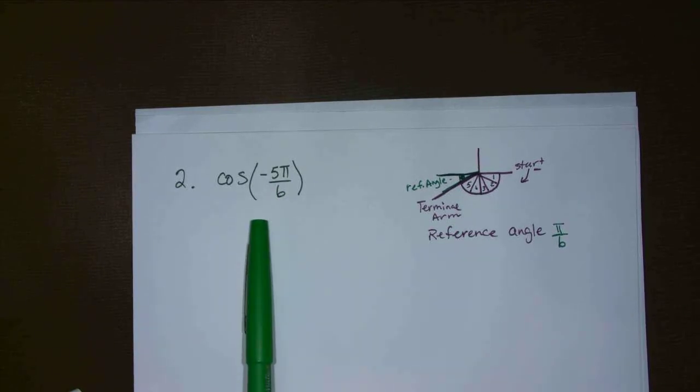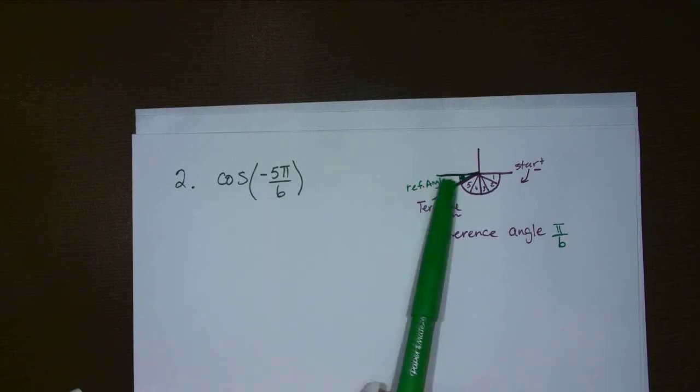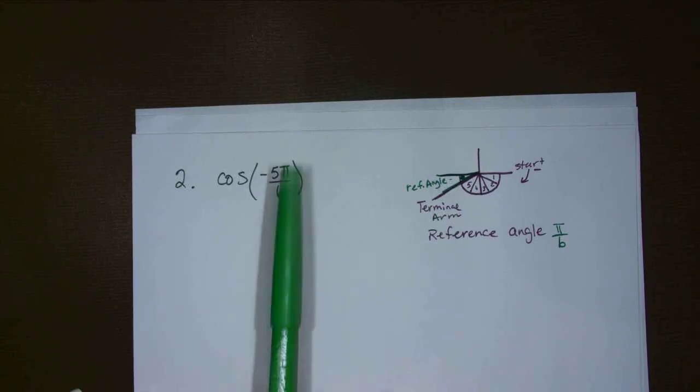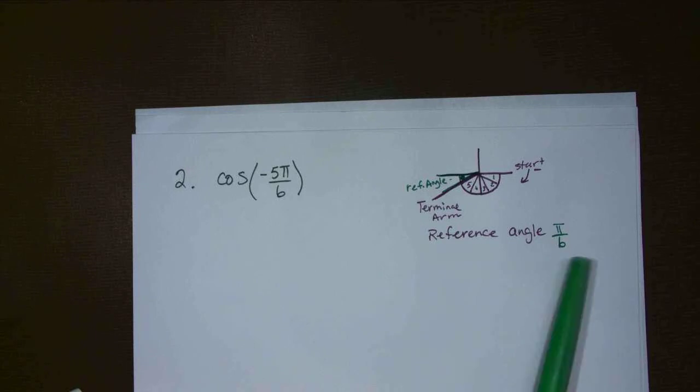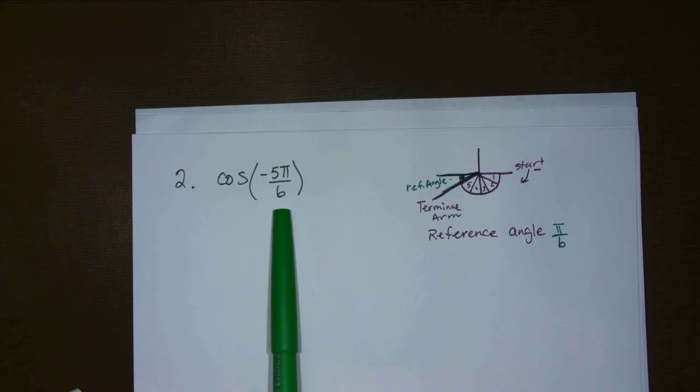It is best to draw it and look, because sometimes you might not notice that you could reduce this fraction. I'll give you one that's not reduced after to show you what I mean. But it's whatever size that piece is between the x-axis and the terminal arm. So pi over 6, it's usually just that value that we cut the pieces into.